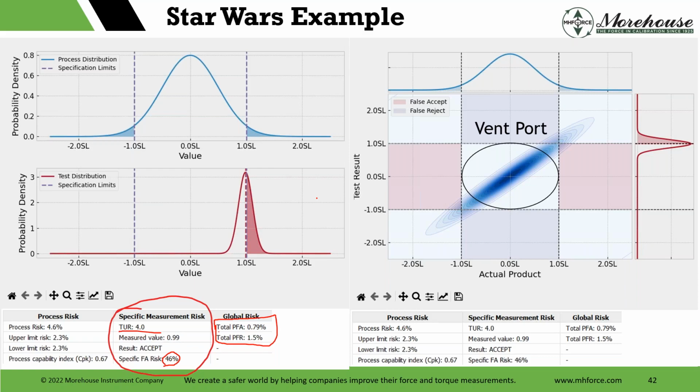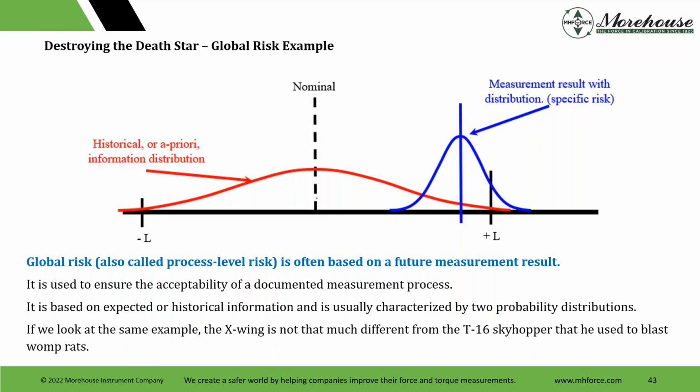So vent port, process risk, everything else, it's using those averages, often using integrals, very complex math. We get away from super easy math into complex math when we go to global. And that's all the more reason that our decision rules with the VBA code people can implement.